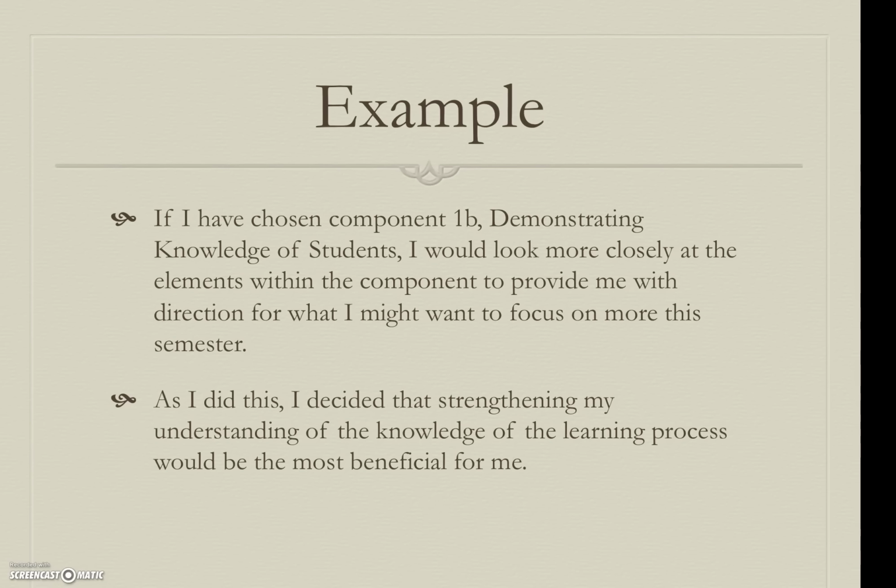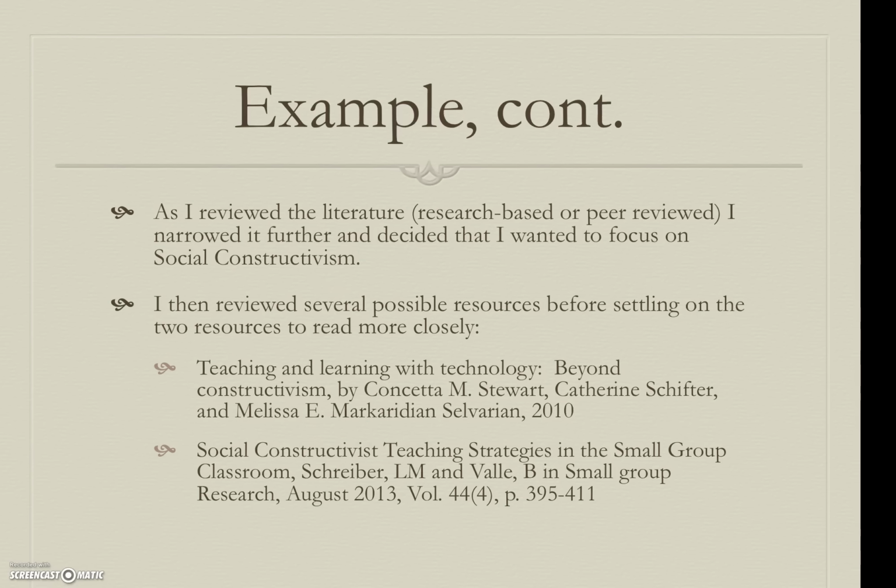And when I looked at the elements, I used my resource, right, my textbook that we all downloaded for this class, to see what the elements were in there. And when I did this, I decided that I want to strengthen my understanding of how children learn. I want to know more about the learning process, that's going to help me.